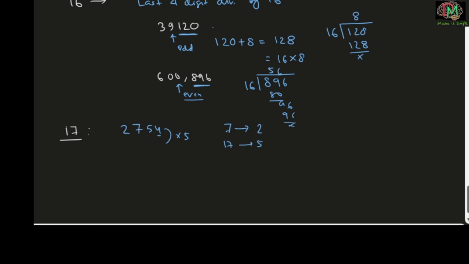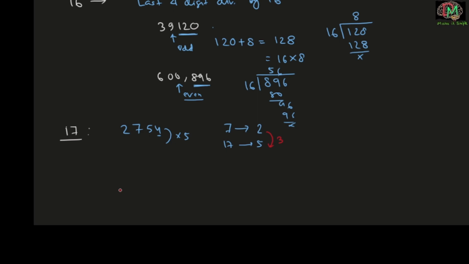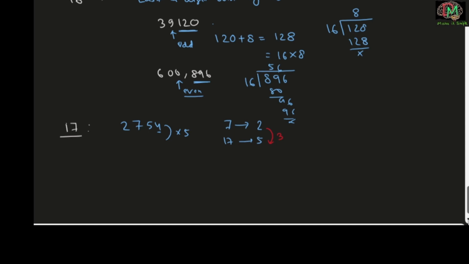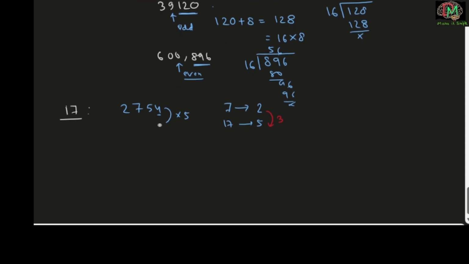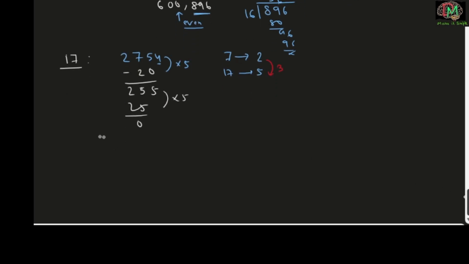So the difference is actually 3. Why we consider this? Because there is a relation of divisibility rules between 7, 17, 27, 37, 47 and so on. So after this we get 20 and deduct it from 275, and we get 255, and if we again multiply 5 by 5, that is 25, and subtract, it is 0. So 0 is divisible by 17, or it would be a multiple of 17. Next is 18.